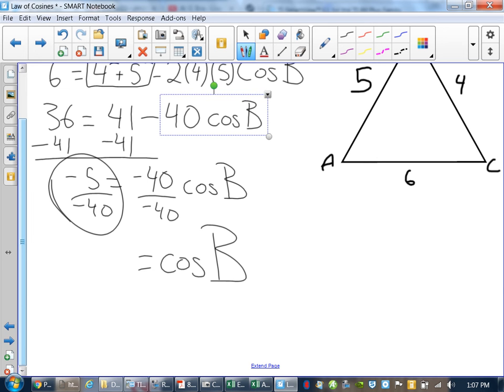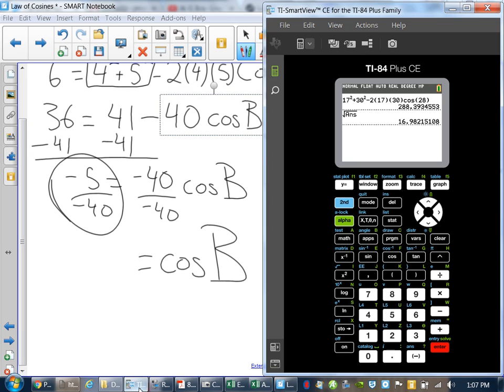Go to the calculator now. You've done all the work. 5 divided by 40 gives you the decimal. That ugly decimal equals the cosine of B. Take the inverse cosine of your answer. There's your angle.